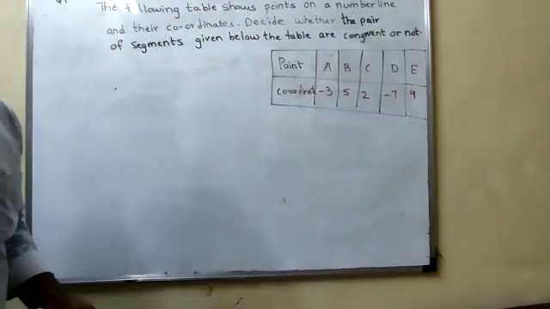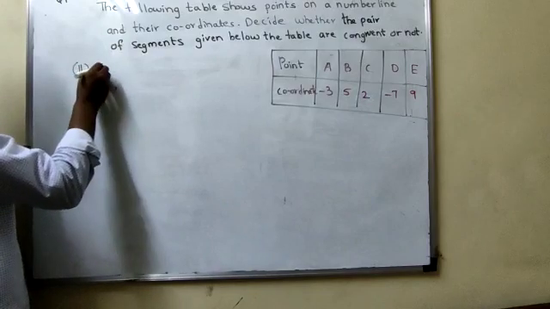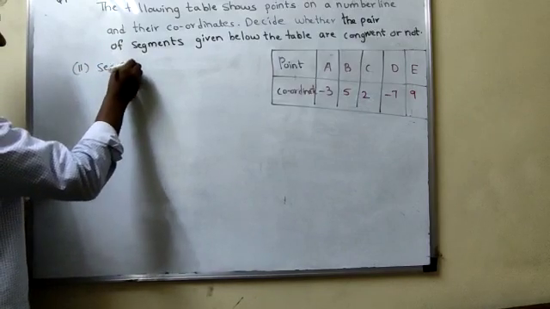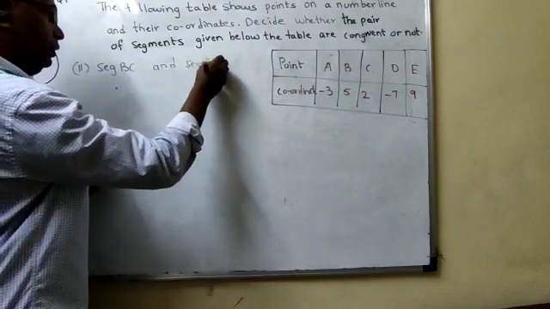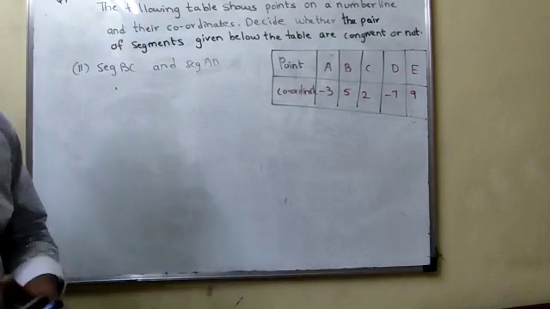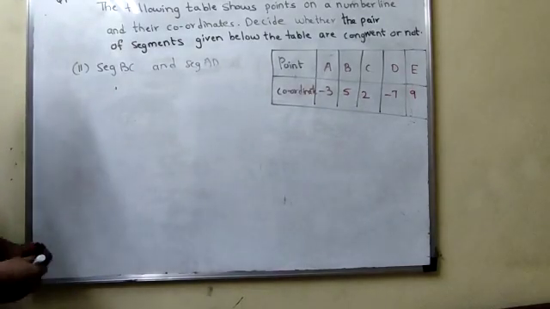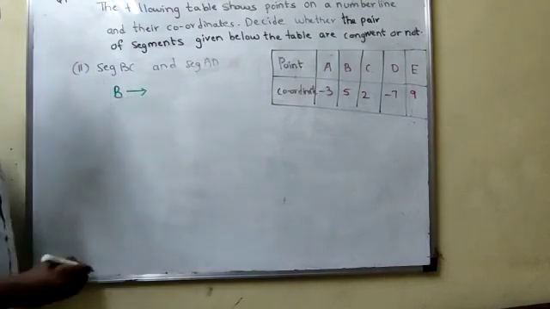Now see the next question. Second question: segment BC and segment AD. First we'll find the coordinate of B. What is the coordinate of B here? 5.